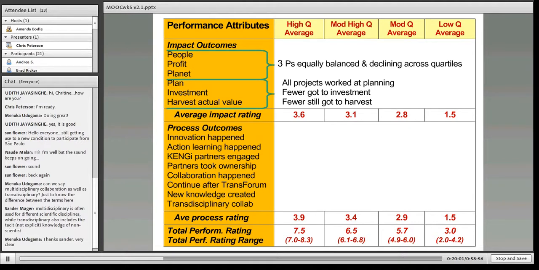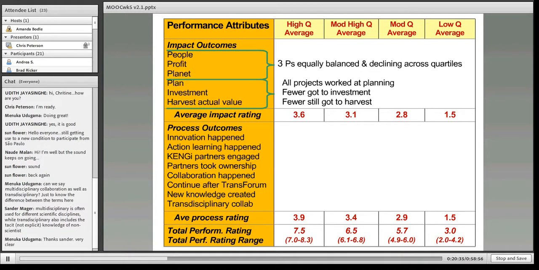Now, we really didn't introduce the acronym KENG before this, but K stands for knowledge institutions, E stands for entrepreneurs and business, N stands for NGOs or societal organizations, and G stands for government engaged in the I of innovation. So in essence, it's this four-sided stakeholder paradigm that was critical to Transforum.